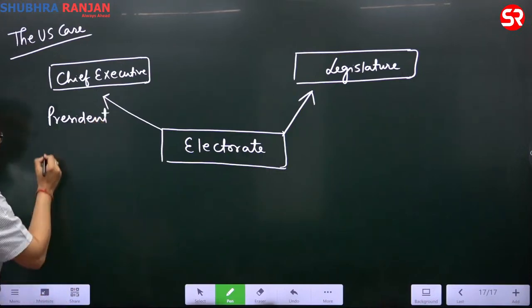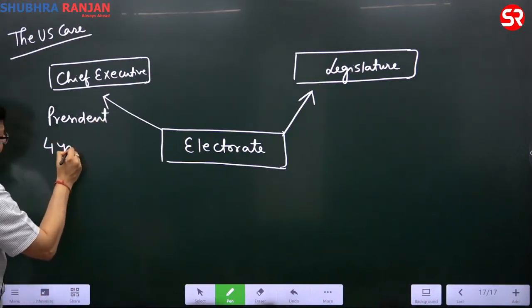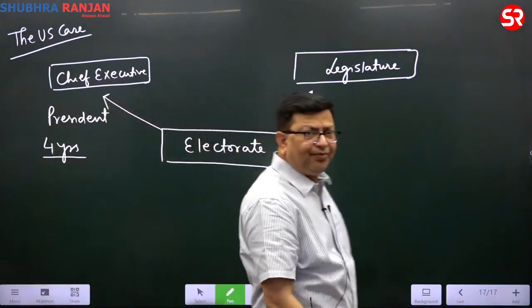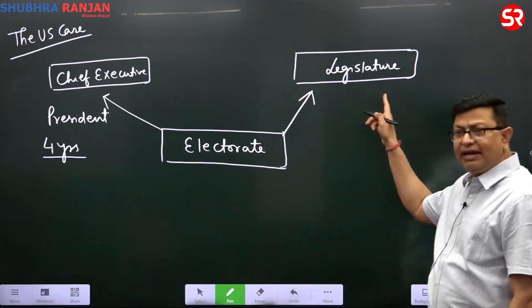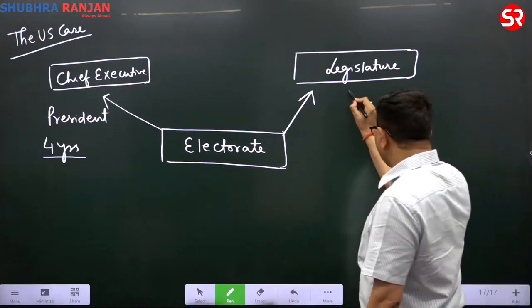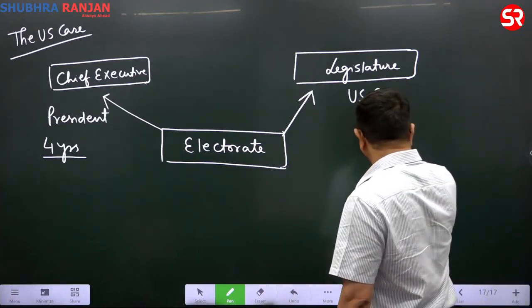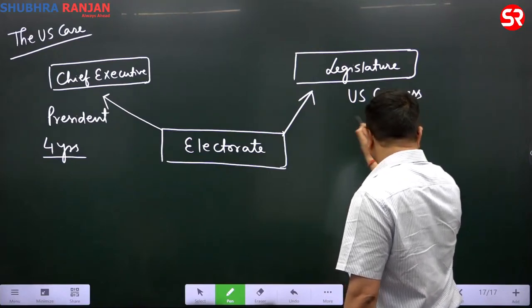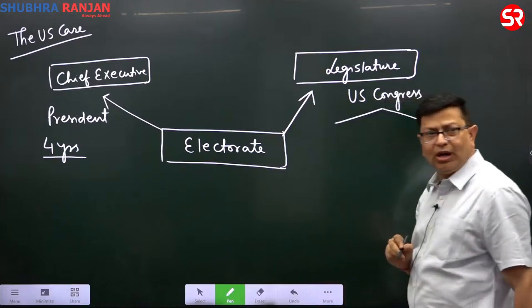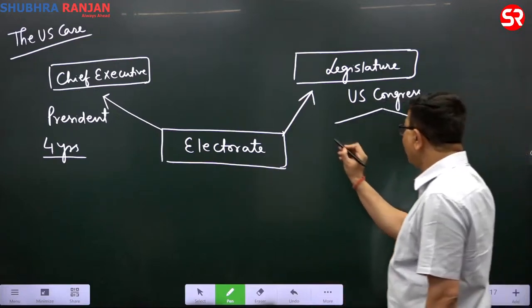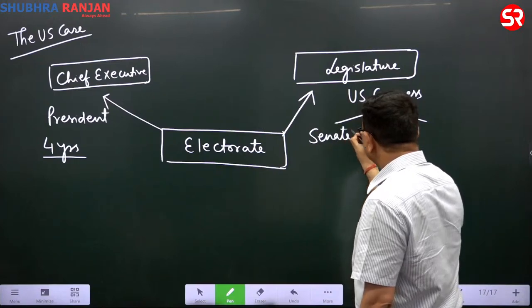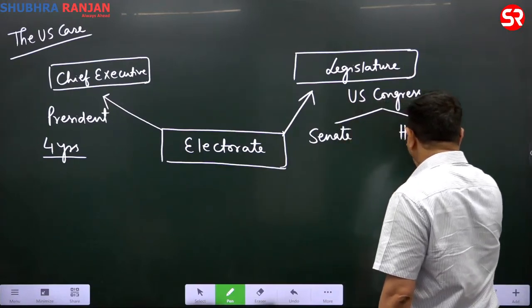The US president is elected for a 4 year term, and the legislature, that is the US Congress, has 2 houses, the Senate and the House of Representatives.